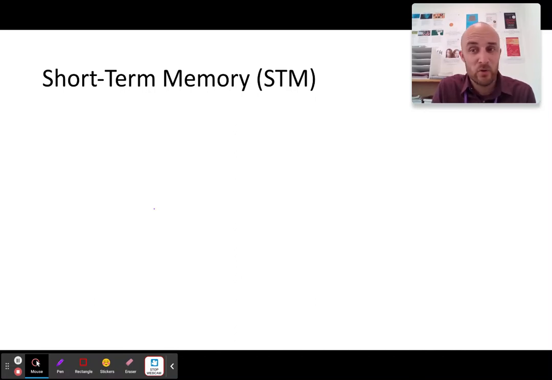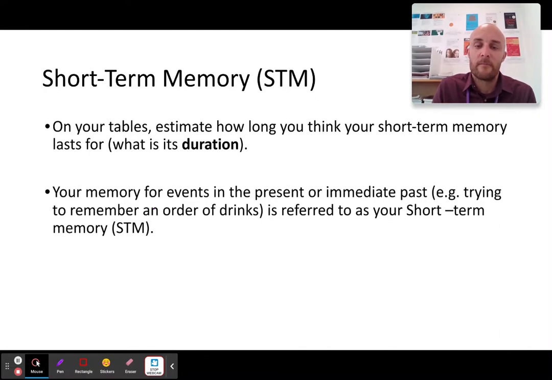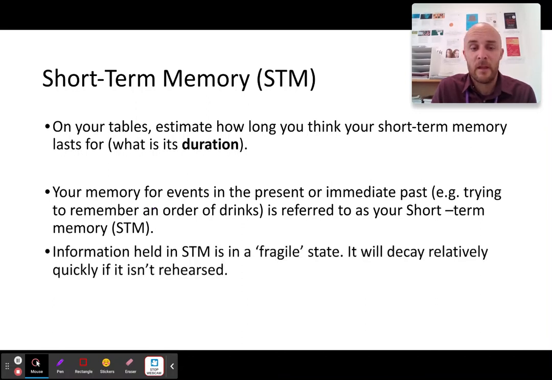It's the same sort of thing for short-term memory now. Short-term memory is pretty much anything in your immediate past, i.e. the last 30 seconds. Your short-term memory generally lasts a maximum of around 30 seconds, 18 if you have a particularly bad memory. So short-term memory holds information in a very, very fragile state.